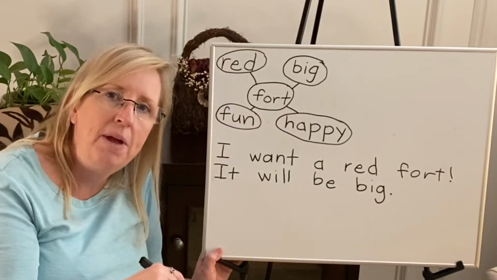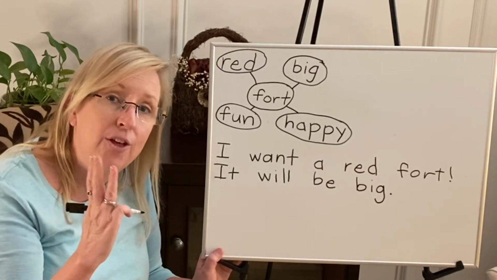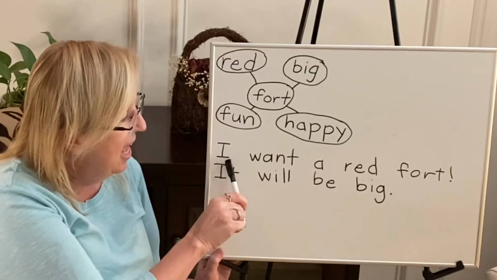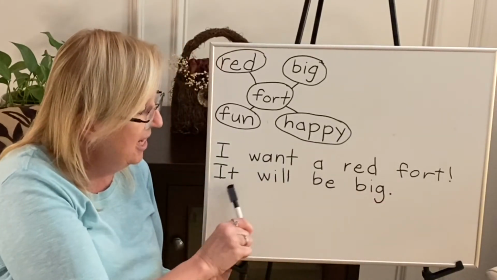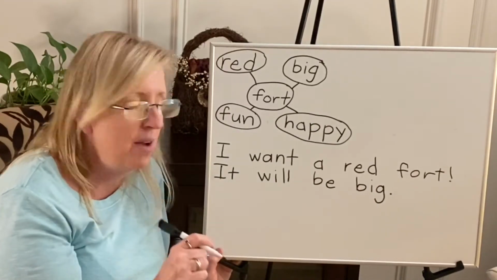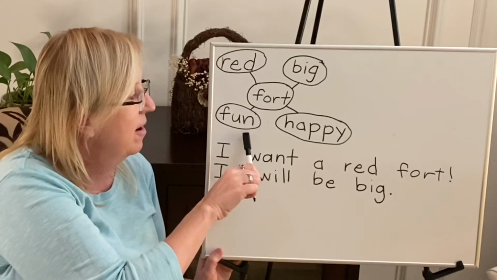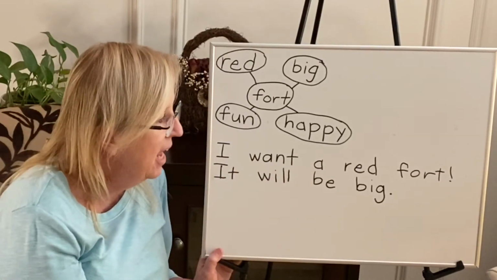And I'd like to go back and read again before I finish my writing today with my third sentence. I want a red fort. It will be big. And now we've got my feeling words about fun and happy.